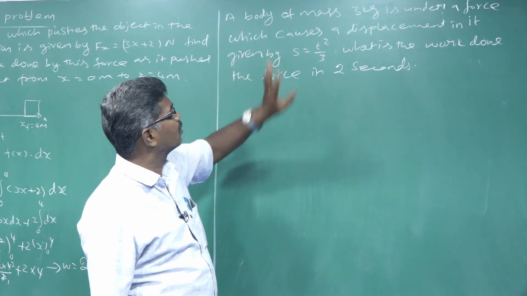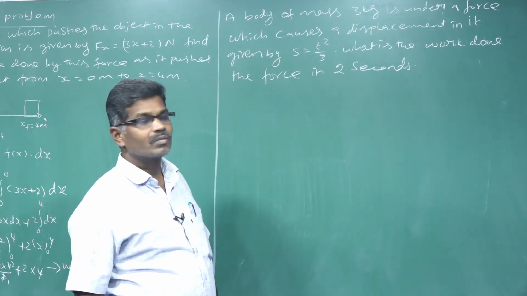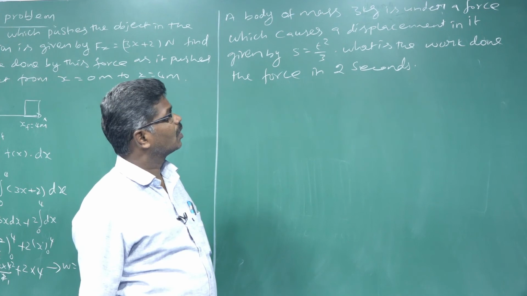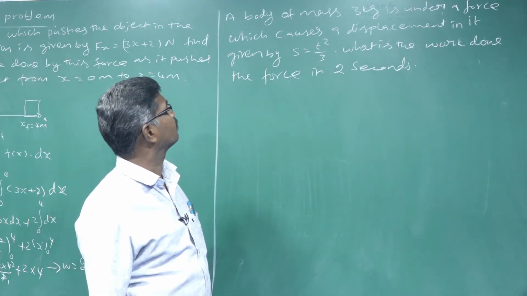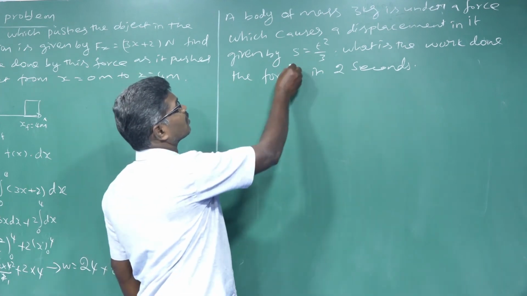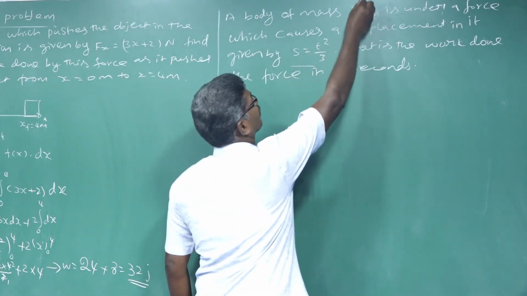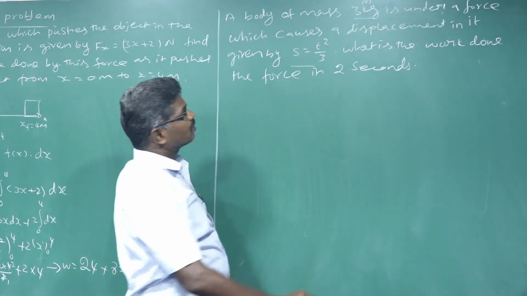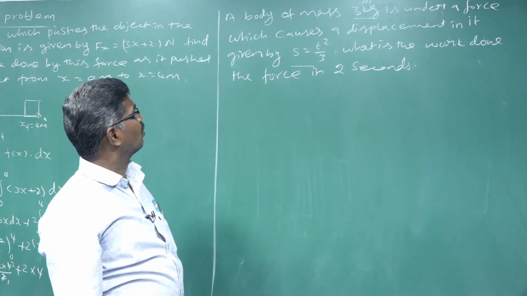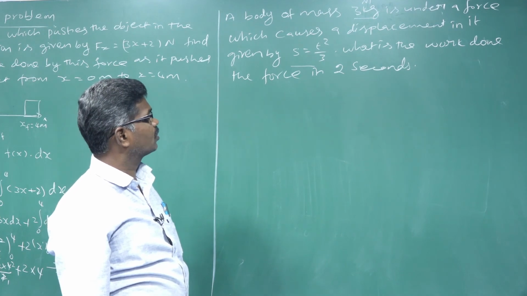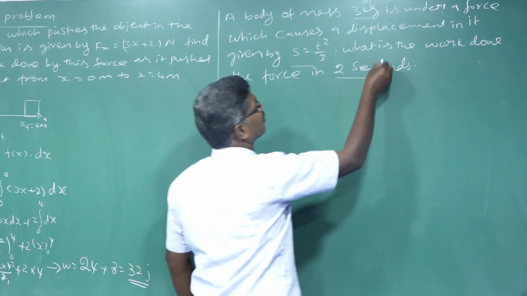A body of mass 3 kg is under a force which causes a displacement in it. The displacement is given, mass is given, force is not given. What is the work done by the force in 2 seconds? Time is given.